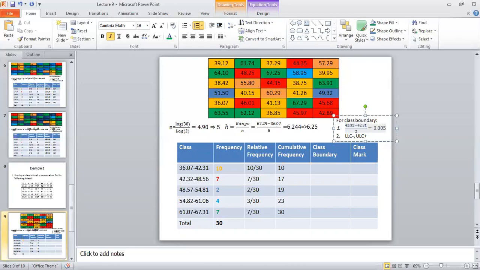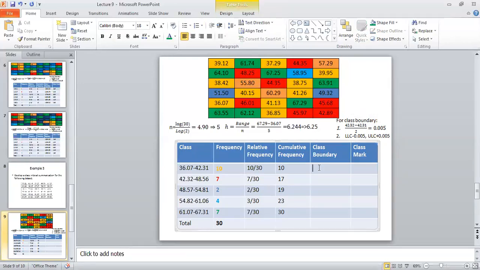This 0.005 is going to be subtracted from the lower limit of every class, LLC for the lower limit, and added to the upper limit of every class, ULC for the upper limit. So it's a simple thing to do.